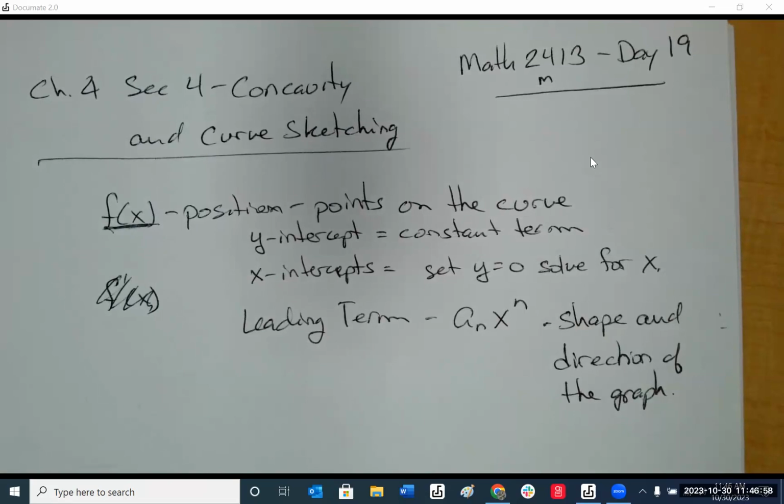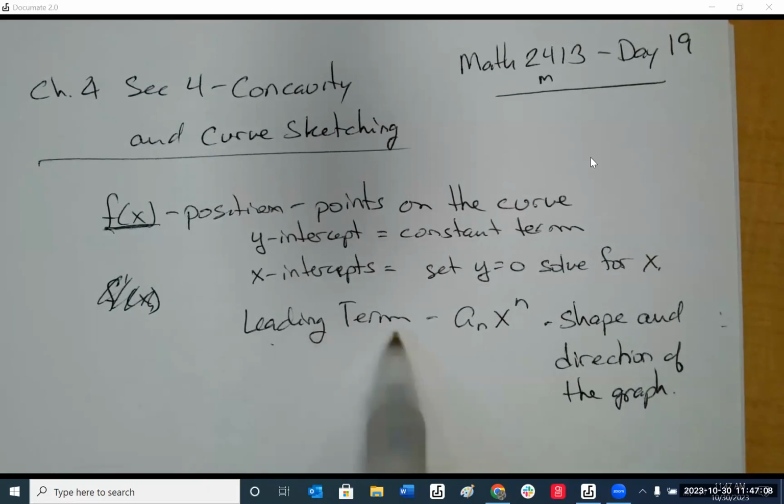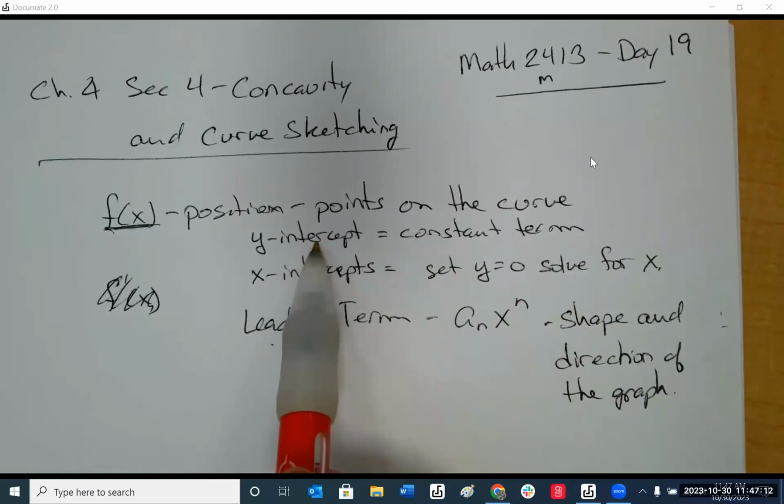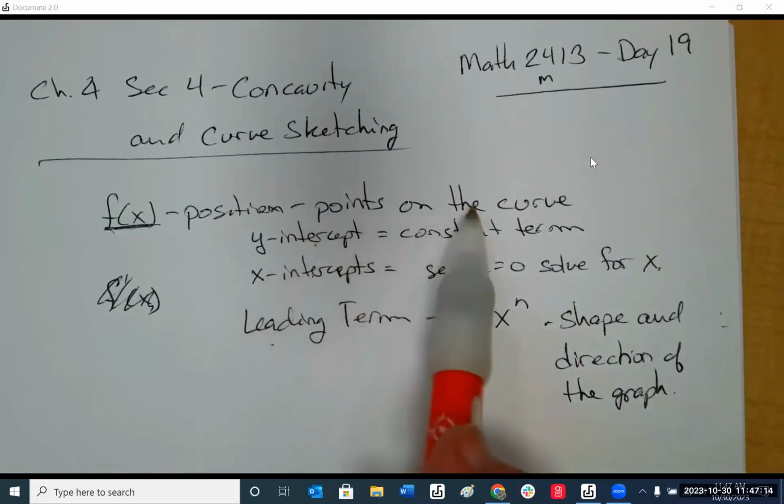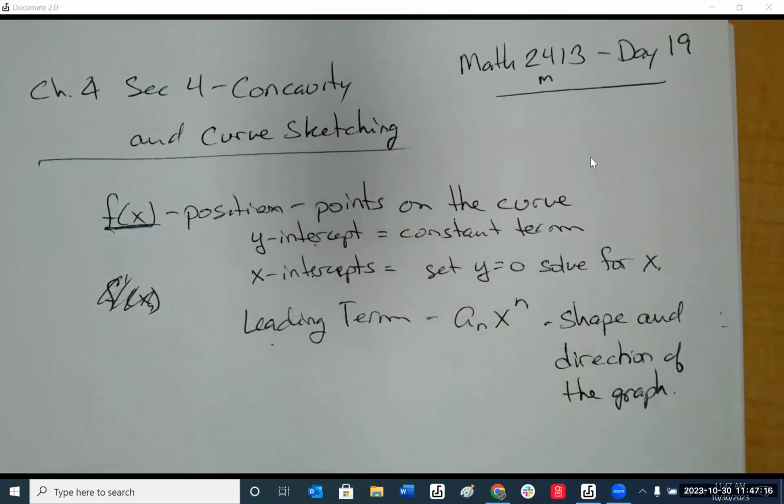So before we start graphing anything, we know what it's supposed to look like. We know from the leading term the shape and direction, x-intercept or across the x-axis, y-intercept or across the y-axis, and we can find a bunch of points. That's just from the original.